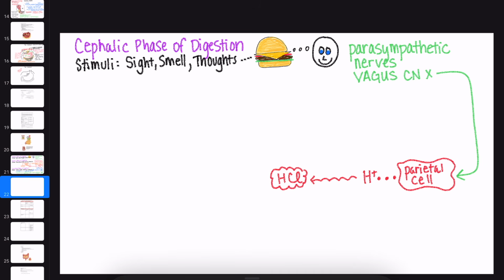To actually help out even further, your cranial nerve will stimulate another kind of cell in your stomach wall, and this one is called a G cell. It's called a G cell because it makes a hormone that will travel in your bloodstream, and that hormone is called gastrin.